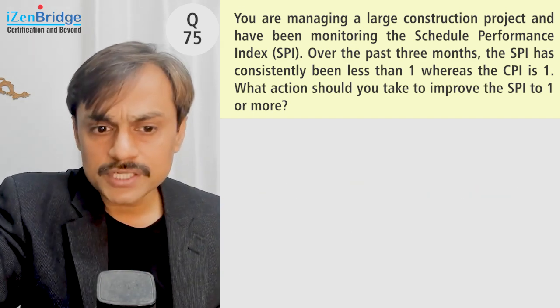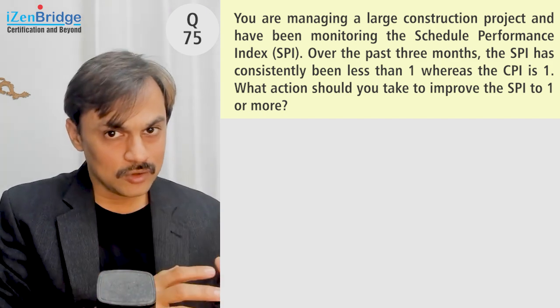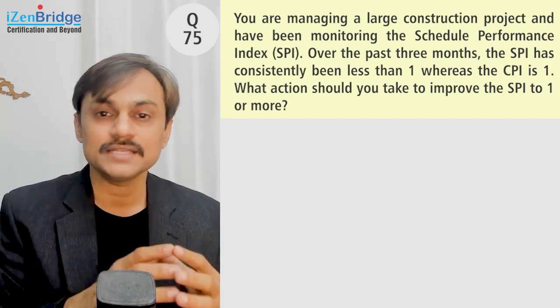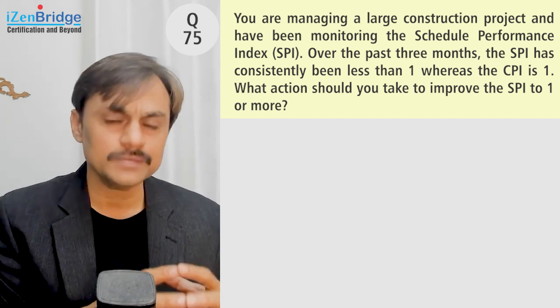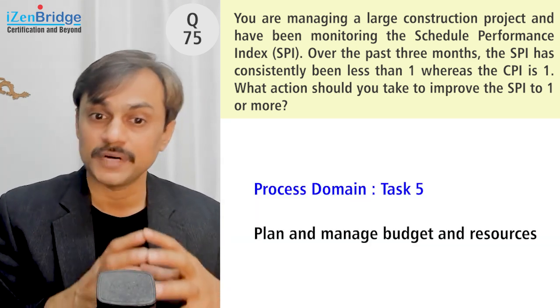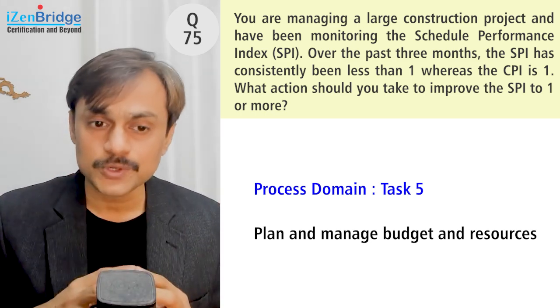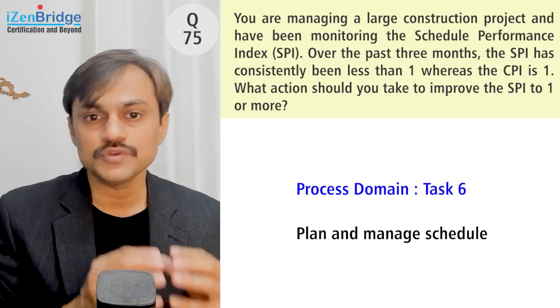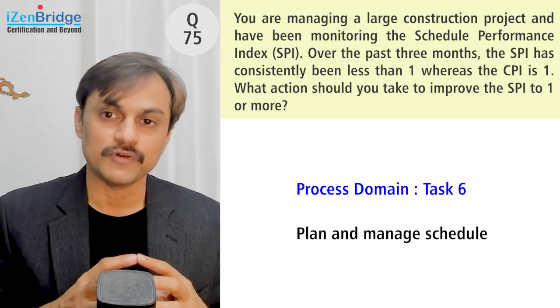Now, this particular question is also checking our understanding of costing and scheduling. So we can say two tasks of our process domain came into the picture. Task 5, plan and manage budget and resources, because we were focusing on cost performance index also. And task 6, plan and manage schedule, because the basic focus was schedule performance index.